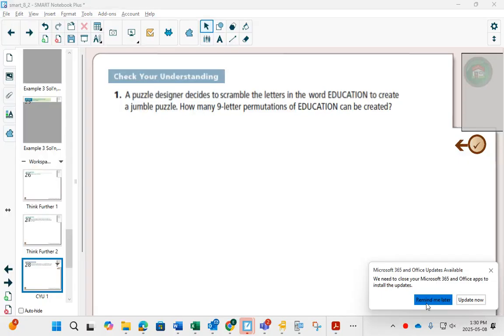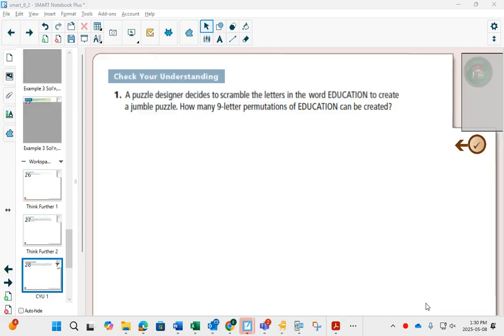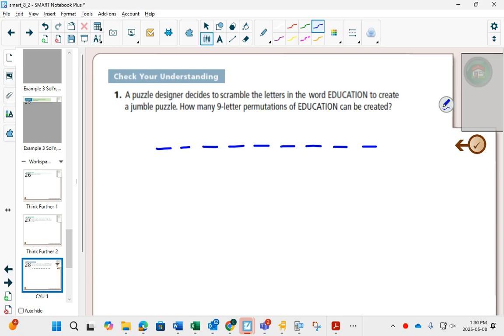So now the question is, if I wanted to mix up all the letters of education, how many ways could I mix them up? Well, we could do this as decisions. We have 1, 2, 3, 4, 5, 6, 7, 8, 9, so I can make 9 spaces. And ask myself, how many choices would I have for the first letter? Any of the 9 letters could be first. So I have 9 choices there.